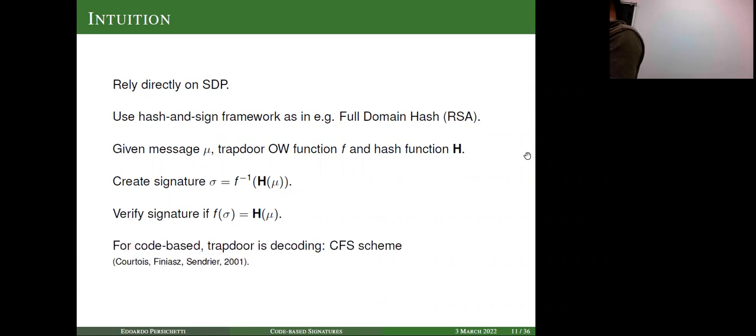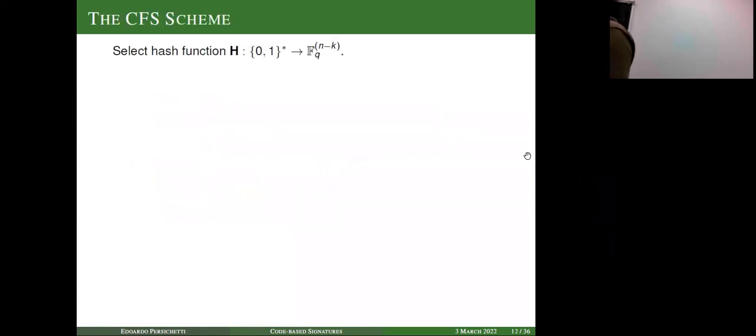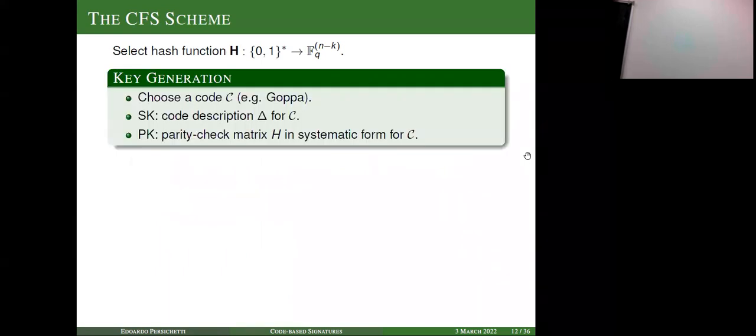So in our case, the trapdoor is the decoding, and this formulation led to what is known as the CFS scheme, Courtois, Finiasz, Sendrier, in 2001. So the idea is that my function is going to map into a candidate syndrome. Then the key generation is exactly the same as, say, for McEliece, same idea. I've got a secret code that I know how to decode. I hide the description.